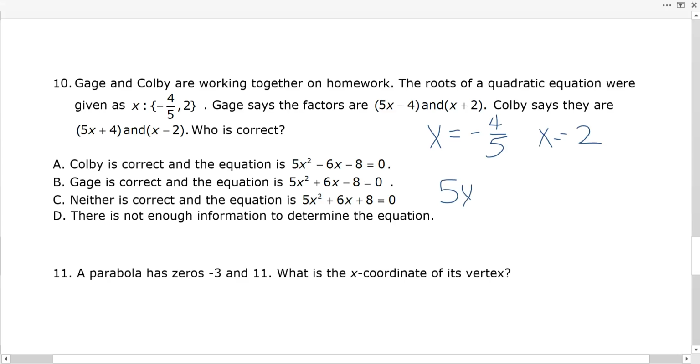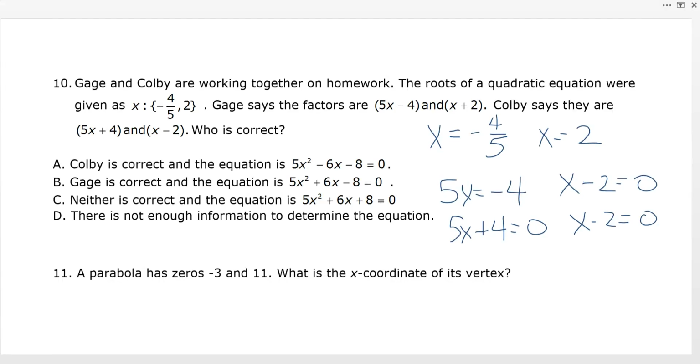I have 5x equals -4 and x minus 2 equals 0. 5x plus 4 equals 0. X minus 2 equals 0. So I'm thinking Colby is correct. I'm just going to go ahead and pick that. I can work it out and see which one it is.